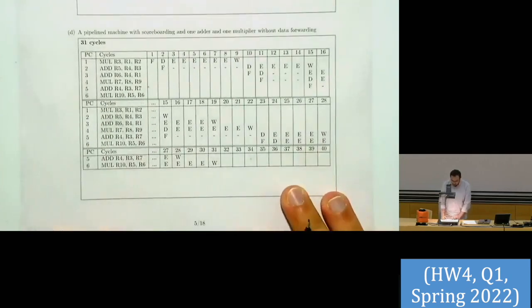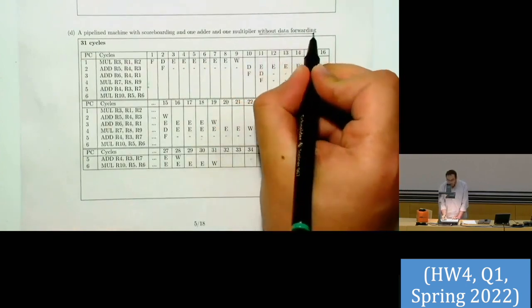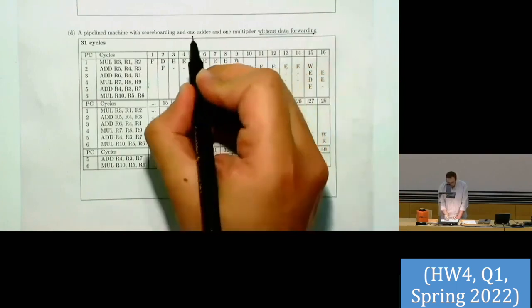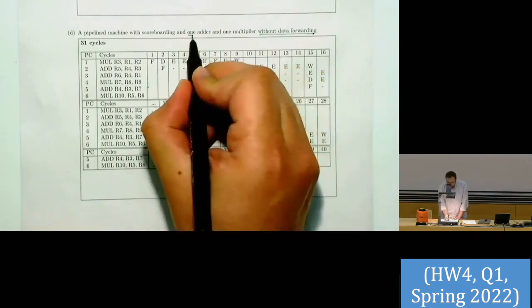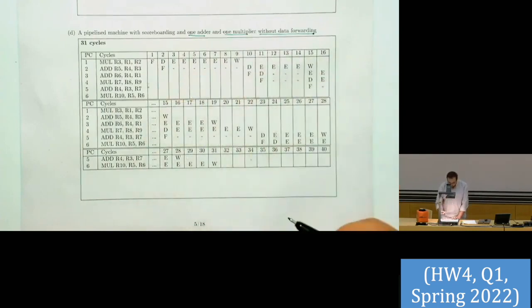In the next part, now we have a little bit more change. This is like the first case. We do not have data forwarding, but this time we have 1 adder and 1 multiplier instead of 5 of them. So here another assumption comes.